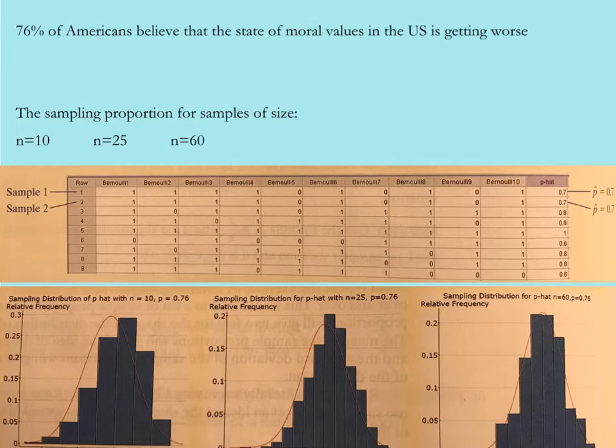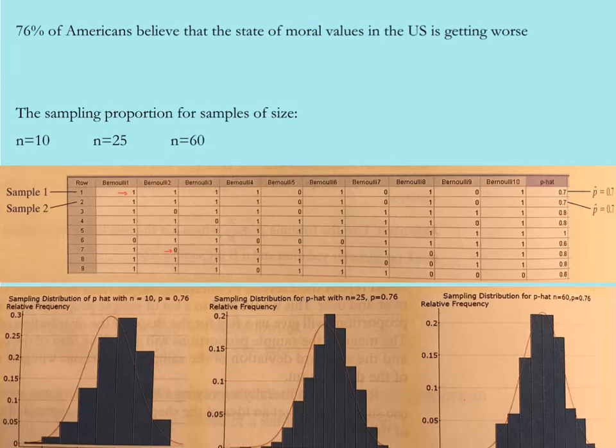Okay, so what does that mean? I used Minitab to create random data, and these columns are all labeled Bernoulli's. What this test does in Minitab is spit out a bunch of ones and zeros. The 1 would be having the characteristic, so believing that moral values are getting worse, and 0 would be not having the characteristic, meaning they don't think the morals are getting worse in this country.